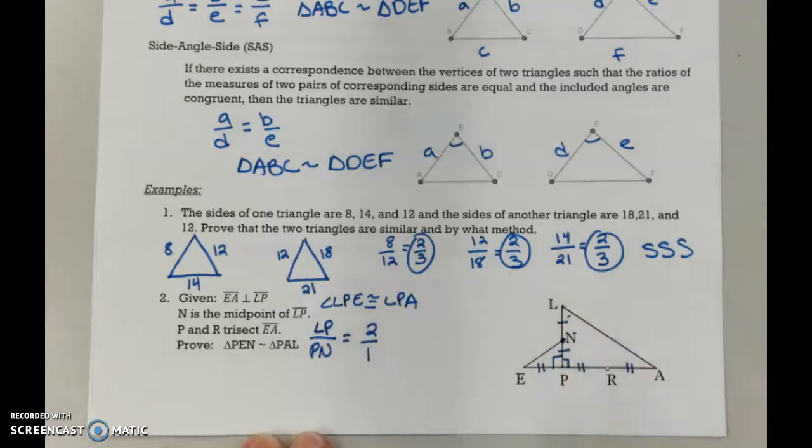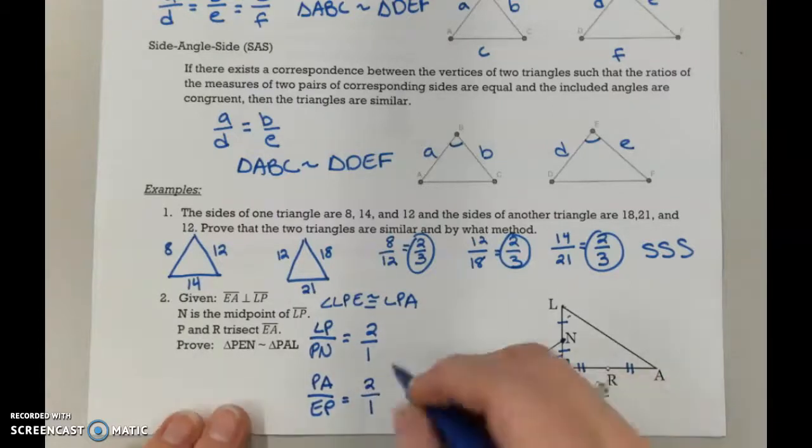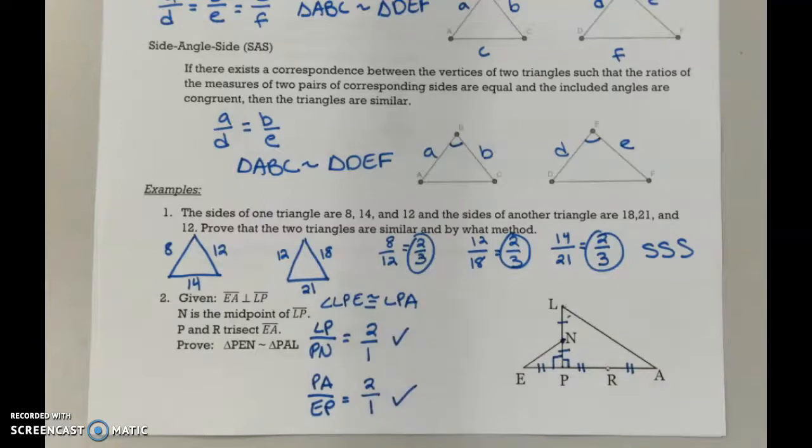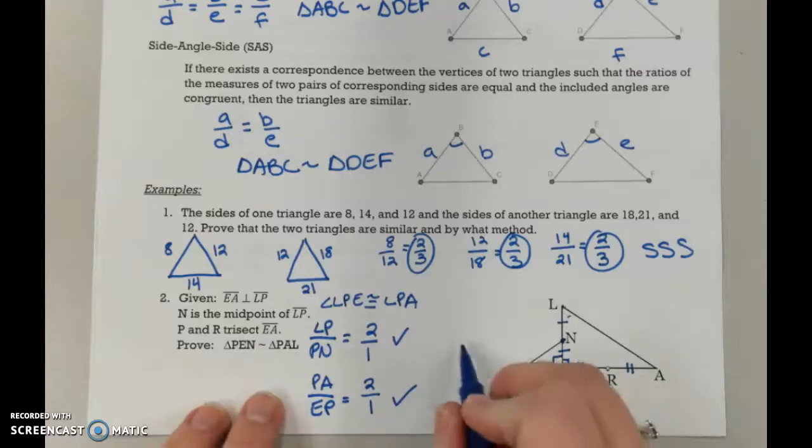And then if we look at our horizontal pieces down here, again, we have these congruent segments, so the ratio of PA to EP is also going to be 2 to 1. There's 1 for EP and 2 on PA. So I've got two equal ratios for my corresponding sides, and the angle in between them is congruent. So therefore, these two triangles are similar by side angle side.